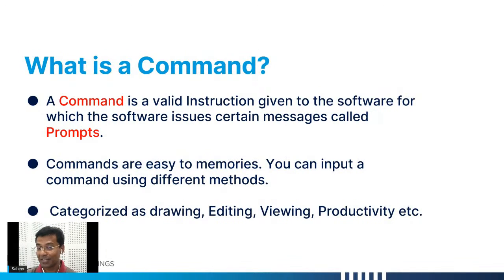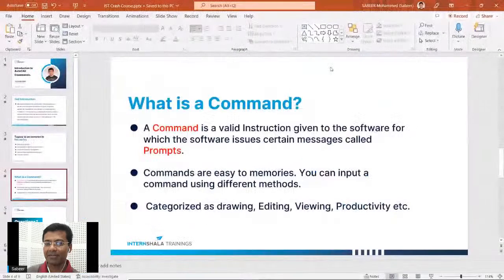That means within a short period of time, you'll be able to create more drawings, which you otherwise would do manually, taking more time. Here it'll take less time, and you can have more drawings in a given time. That is what is called productivity. If you want to improve the productivity, there are a set of commands with which that can be done. Such commands are called productivity commands.